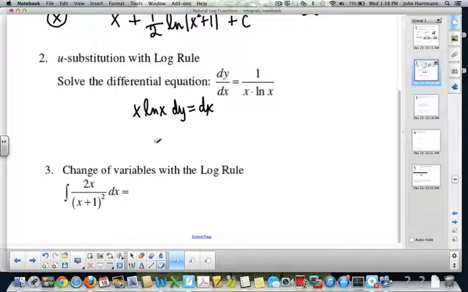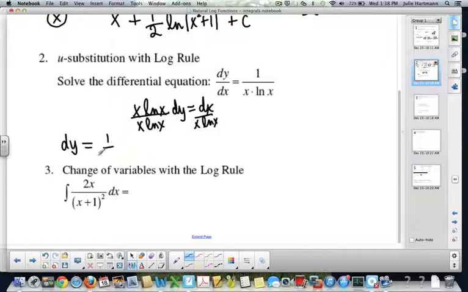Okay, is everybody okay with that piece? So from there, you need to get dy by itself, so we would divide by x ln of x. So we have dy equals 1 over x ln of x dx. From there, you integrate.